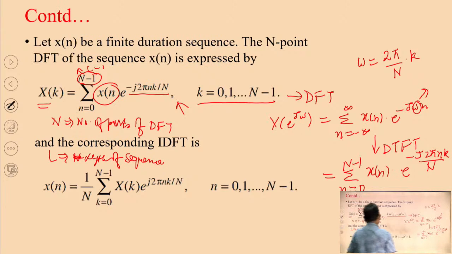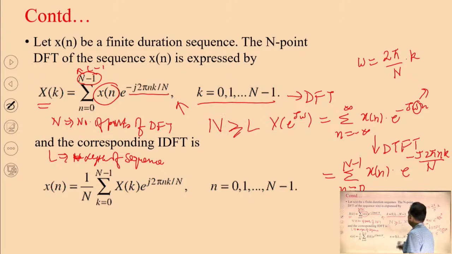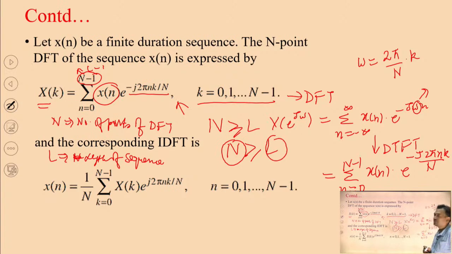One condition for DFT is that you always take N greater than or equal to L. It means you always take the number of points of the DFT larger than or equal to the length of the sequence, L. But for analytical ease, we choose N equals L.